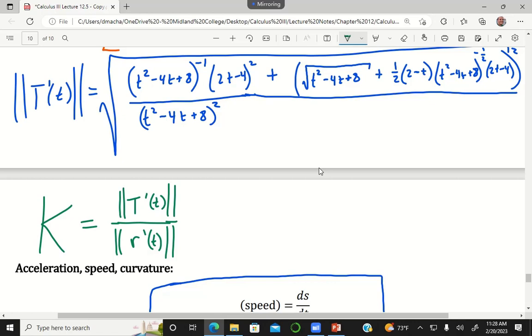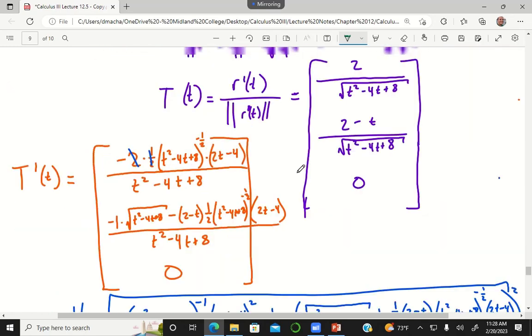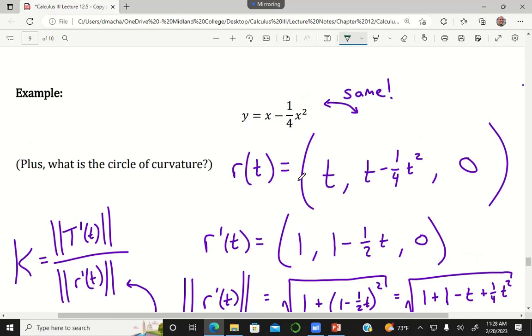If I ask you this question on an exam, the way I would ask it is probably not just to tell me the formula for the curvature, but probably what I would ask is, what is the curvature at t equals 1?